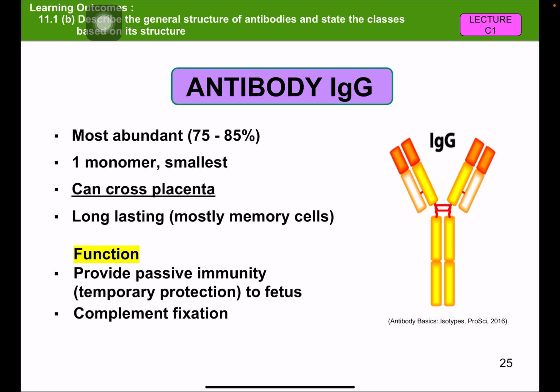This one is long-lasting because it is mostly memory cells. Its function is to provide passive immunity, which is temporary protection to the fetus, and also function in complement fixation.